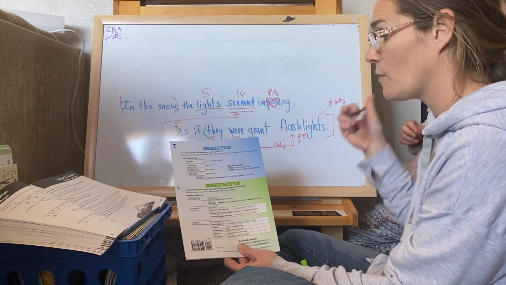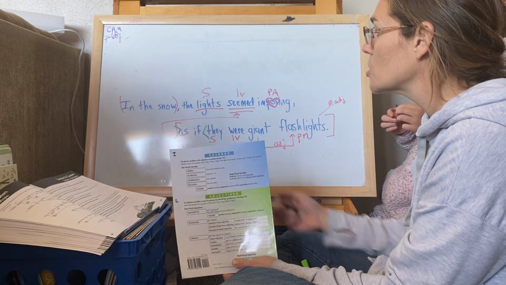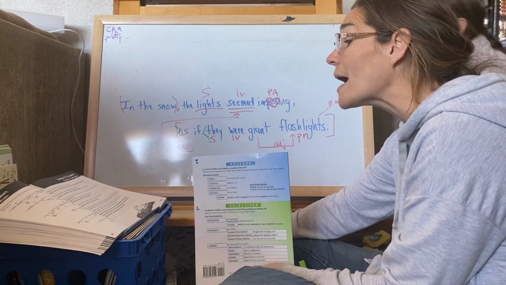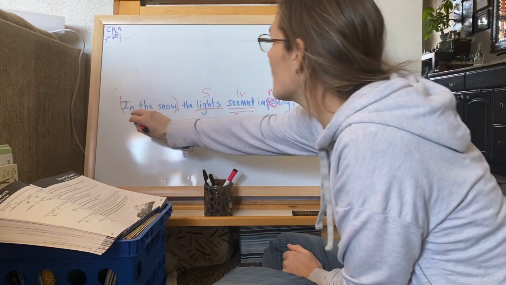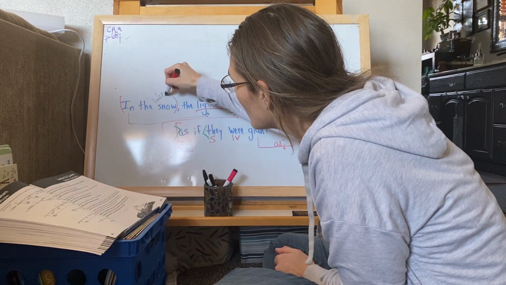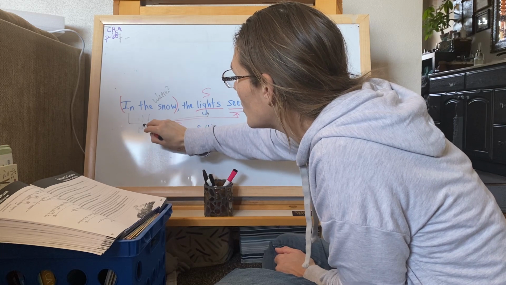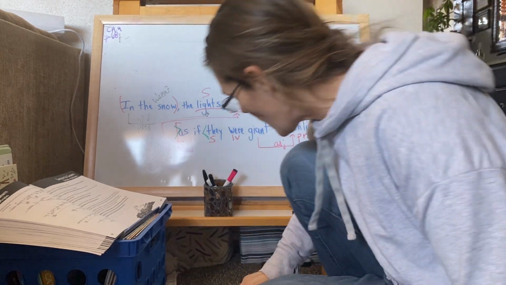An adjective will ask what kind, how many, which, and whose. So what is this answering? In the snow. Where? It's answering where. It's an adverbial prepositional phrase. So now we'll go ahead and diagram that.